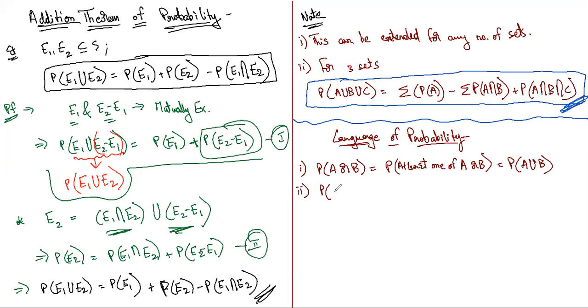Second, if the question is asking what is the probability of such and such event and such and such event, that basically means you have to use the intersection of both events. If the question is asking what is the probability that A happens but not B, then can someone tell how to write it using sets?